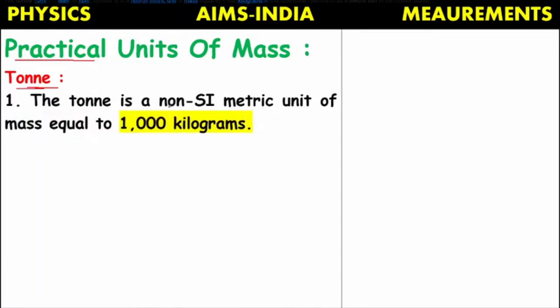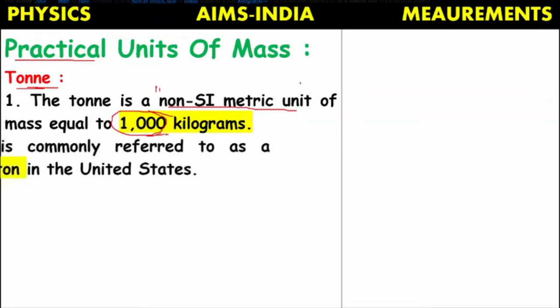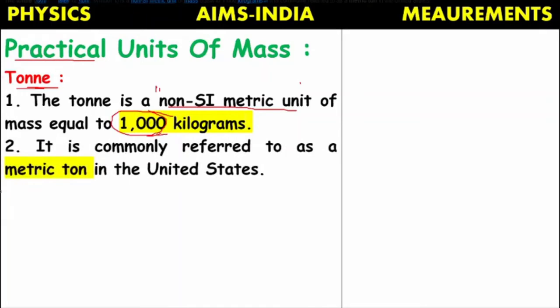The ton is a non-SI metric unit of mass equal to 1000 kilograms. So 1 ton is equal to 1000 kilograms. It is commonly referred to as metric ton in the United States.